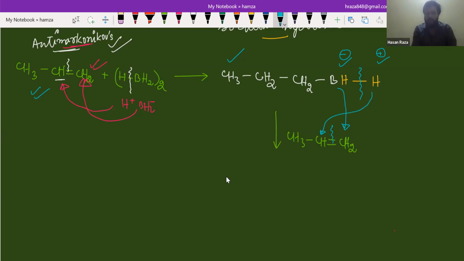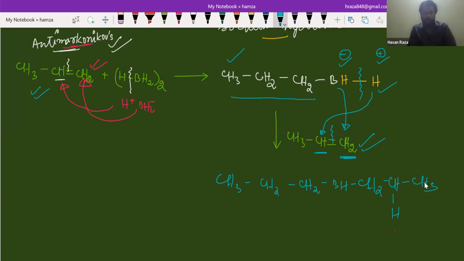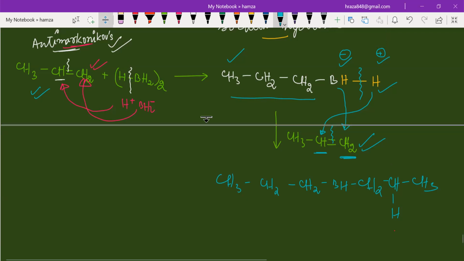So first of all, I am going to write this point. Please be focused. CH3, CH2, and then CH2. Now I'm going to write this BH, and BH will be directly connected with this CH2 and then CH. And after this CH2, there is CH which is connected with this H. So it will be H and then CH3. Can I write this? Please let me know. Yes, sir. Very good.